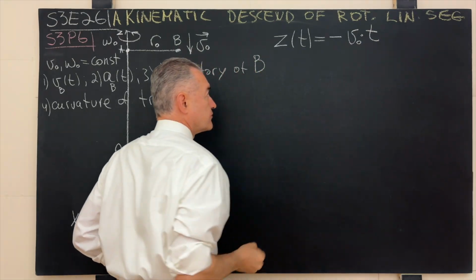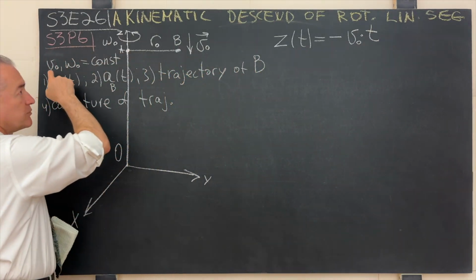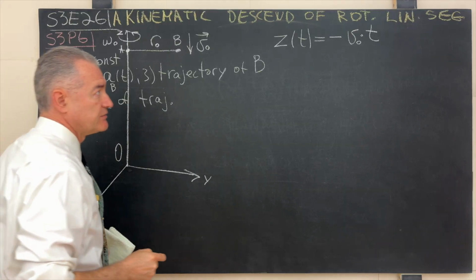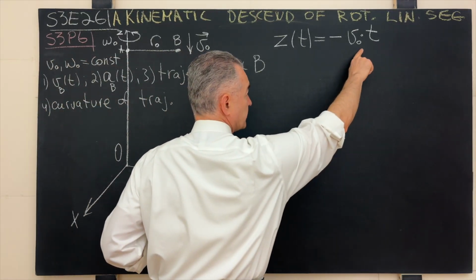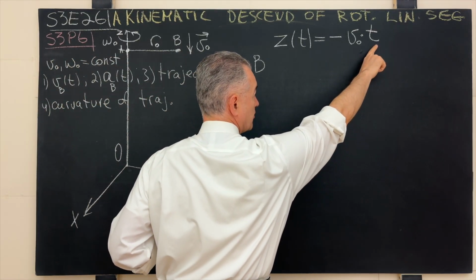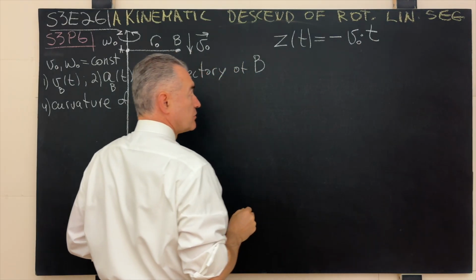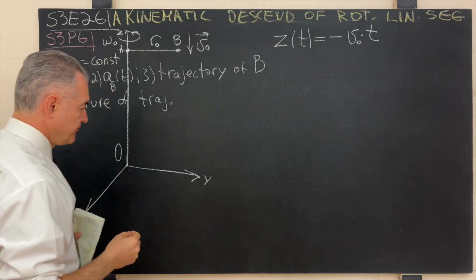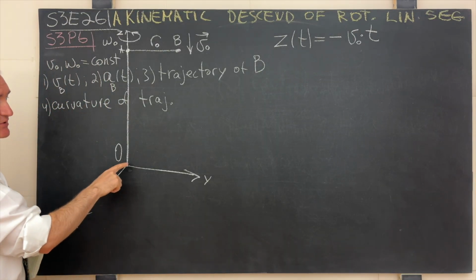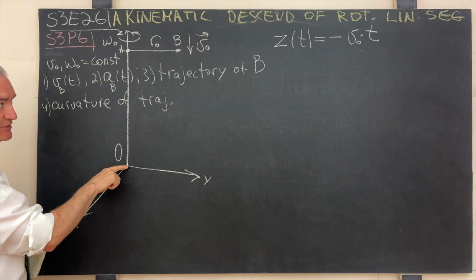This is directly from the problem statement that we're given, and this particular expression simply means that at the initial moment of time when t is equal to 0, we chose a specific coordinate system with a specific origin. When time is 0, the z coordinate is evidently 0.